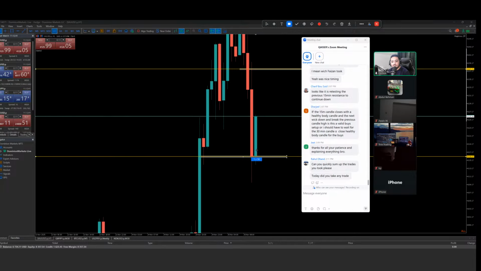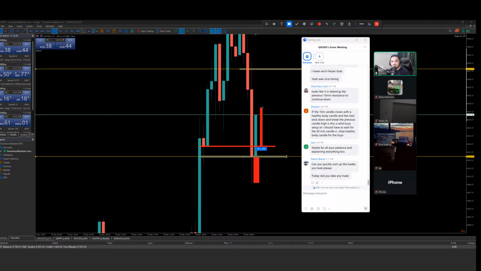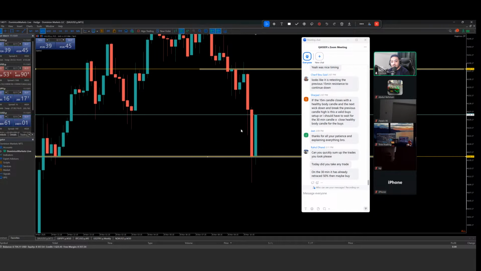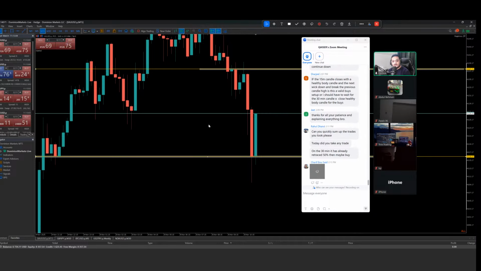It should create a wick, respecting this low, and then be pushed to the downside. But as it retraced more than 50% of the previous candle, there's a probability it could continue pushing upside. But we still need a confirmation, and I can give my trade a chance with my bias. So there's 2 minutes left for this 50-minute candle to be closed, and we'll see how it closes.